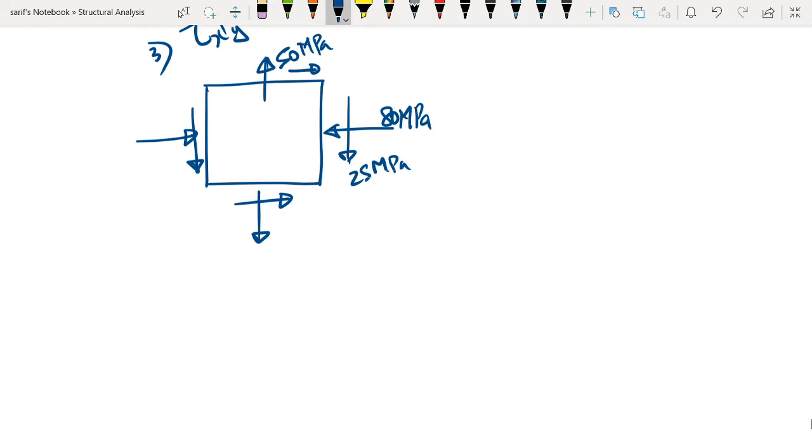Now this is a state of stress at a particular point inside a material.